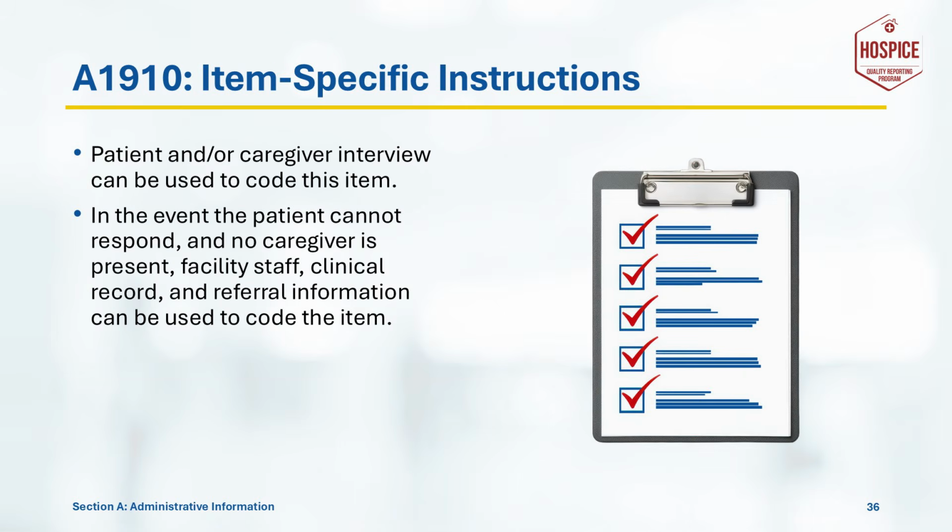The patient and/or caregiver interview can be used to code this item. In the event that the patient cannot respond and no caregiver is present, the clinical record and referral information can be used to complete the item. If the patient lives in a facility, you can also use information from the facility staff.